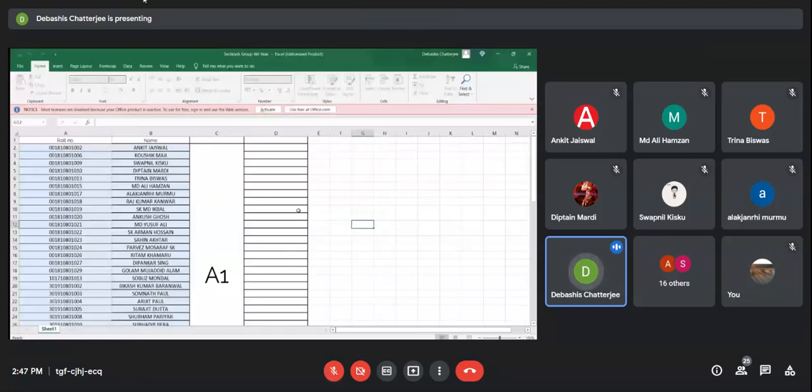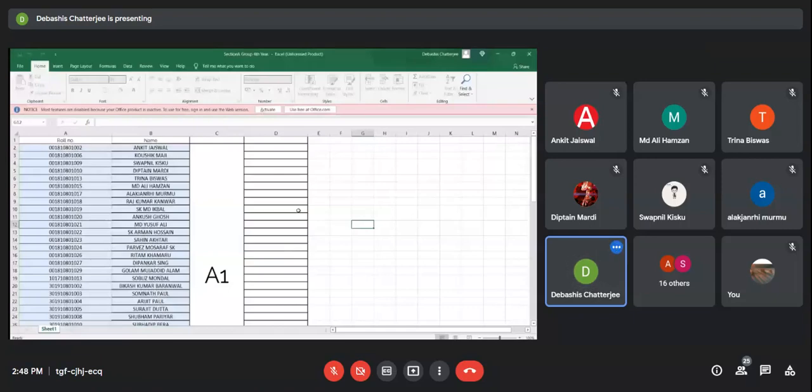And then this group, Trina, Muhammad Ali, Hamdan, and Alak Jarni, you design for maximum efficiency. That means maximum efficiency at rated load. Maximum efficiency means rated load. Minimum cost means minimum cost.